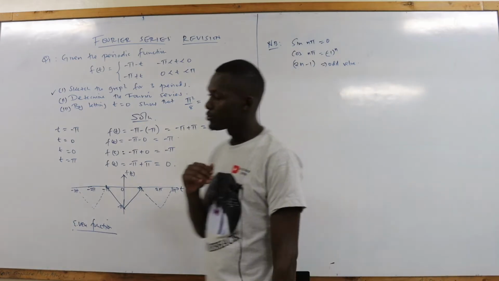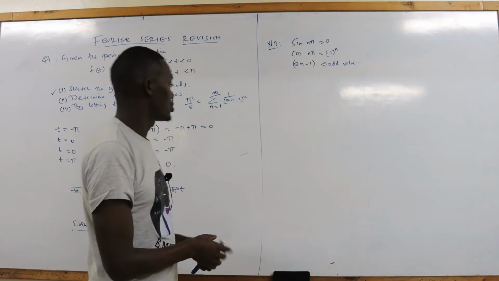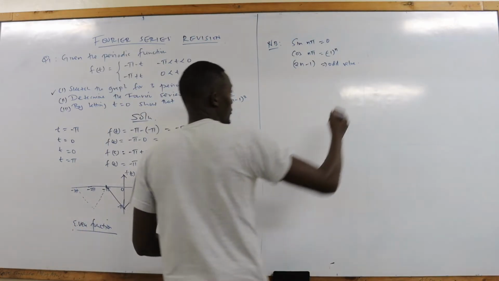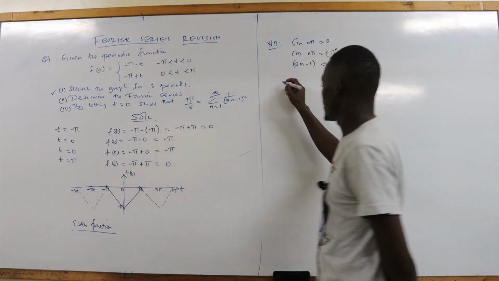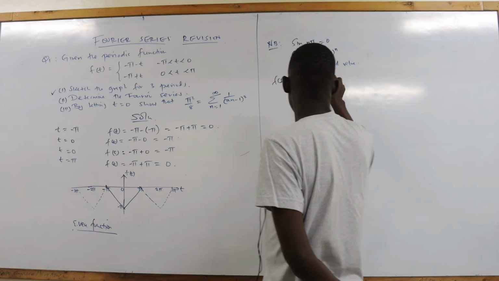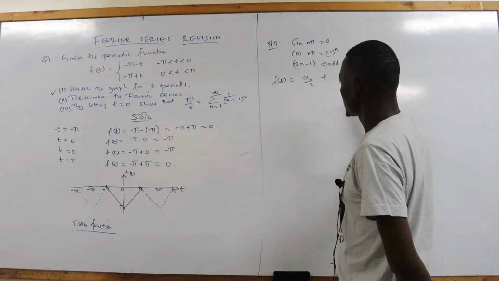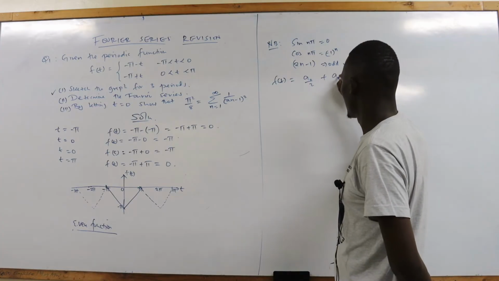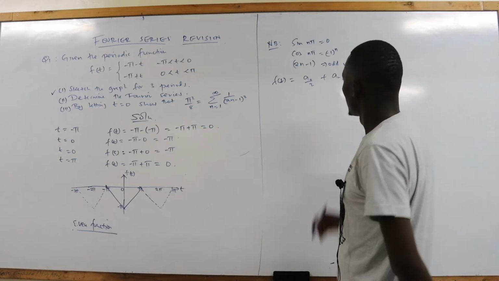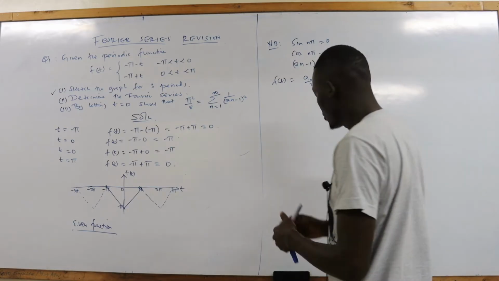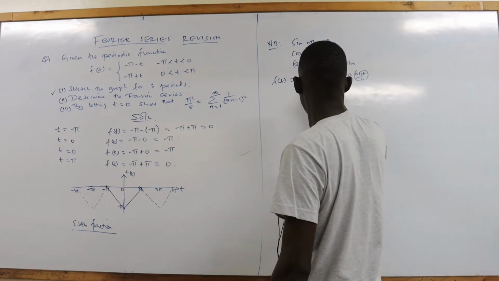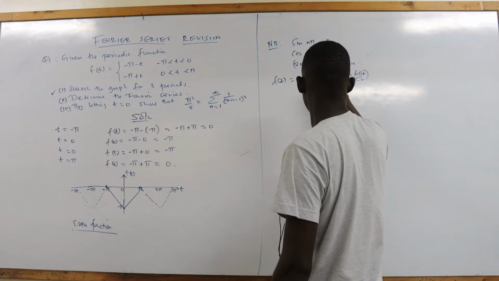Now, let's come to the formulas that are being used in calculating A0 and AN. Remember, our Fourier series of f(t) will be given by, so you can note this one somewhere, A0 plus, in terms of AN, AN cos(n pi t over L), in terms of a summation, n equals 1 up to infinity.